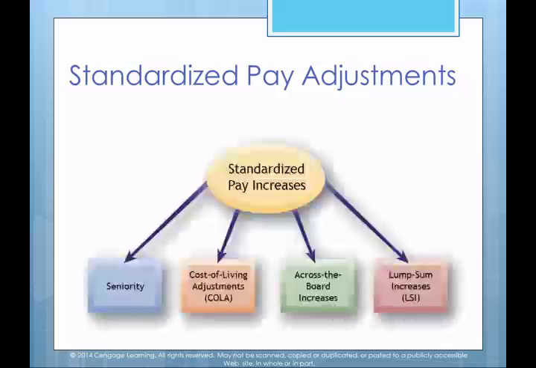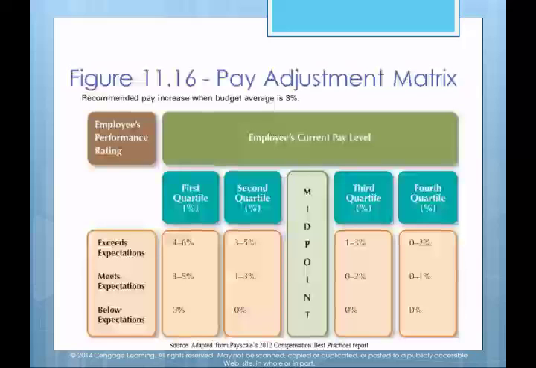Okay, so I'm going to jump to this chart for a minute. It's the pay adjustment matrix, and many employees don't understand this. If you have a pay-for-performance organization and you've got employees that are meeting expectations, if you look on the left, if they're in the first quartile, that means they're at the lower end of their band or their range.